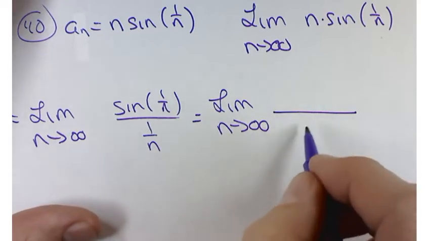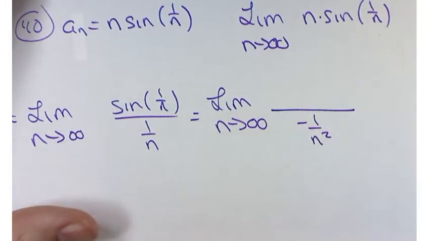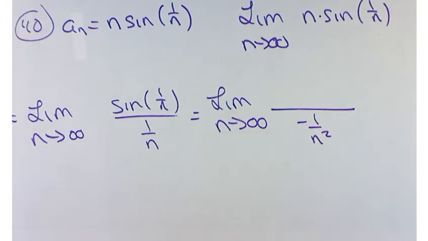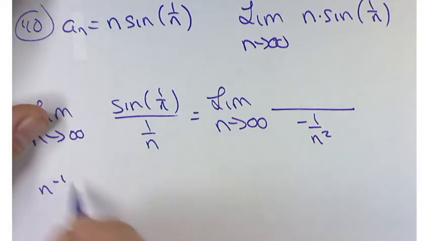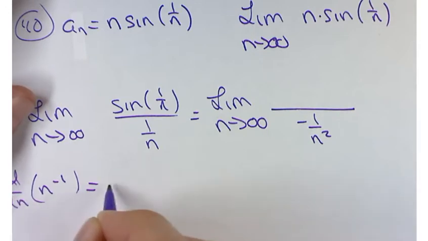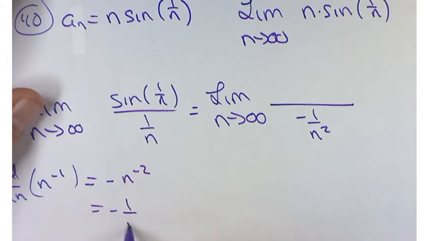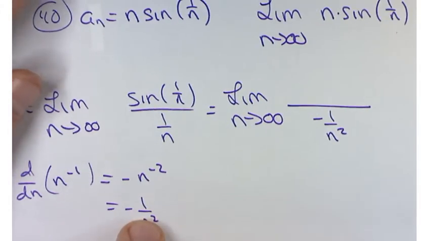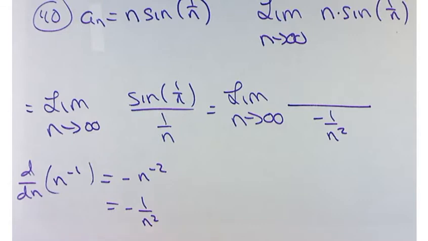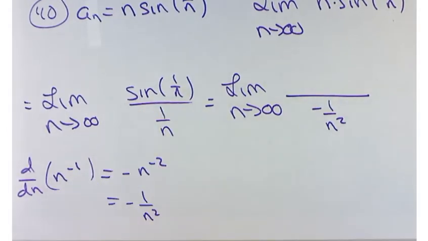The derivative of the denominator is going to be negative 1 over n squared, right? Because you've got n to the negative first. If I do d/dn, I get negative n to the negative second, or negative 1 over n squared. So that's what's happening in the denominator. How about in the numerator? In the numerator, the fun has just begun, right? Because you get to use the chain rule. Woohoo! How cool is that?